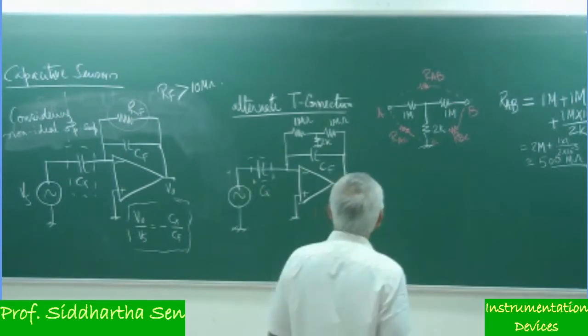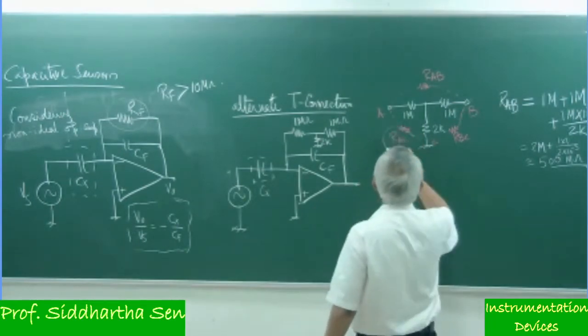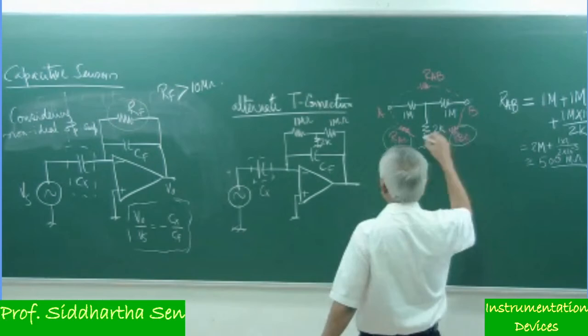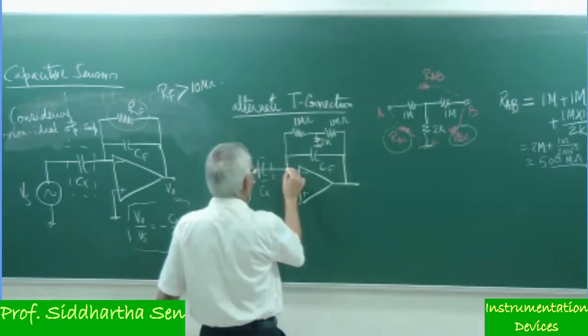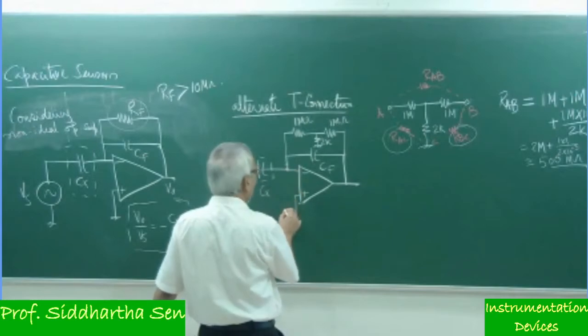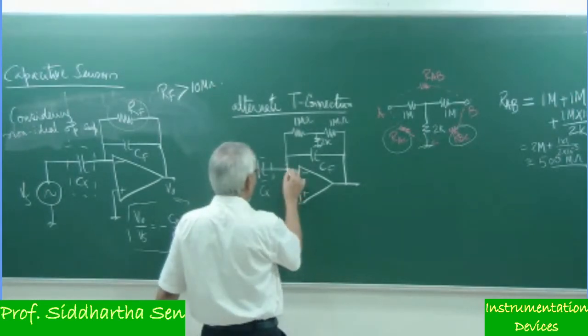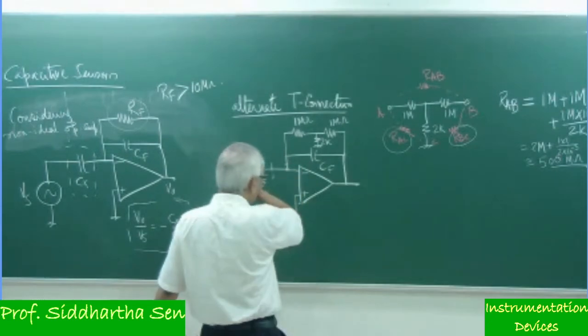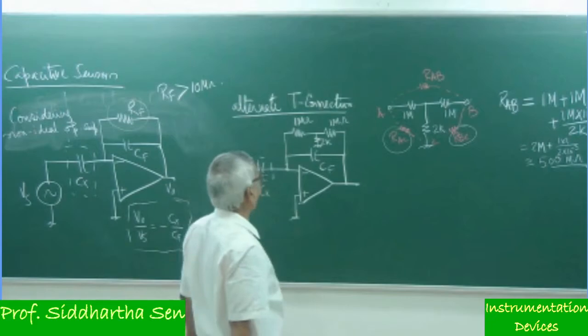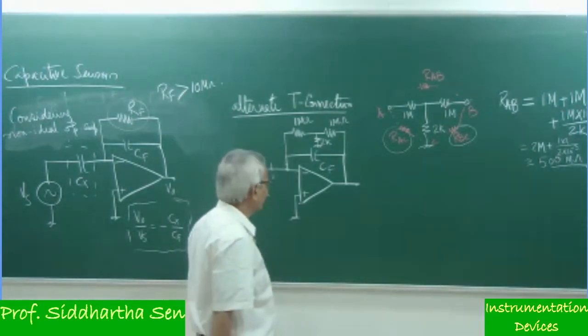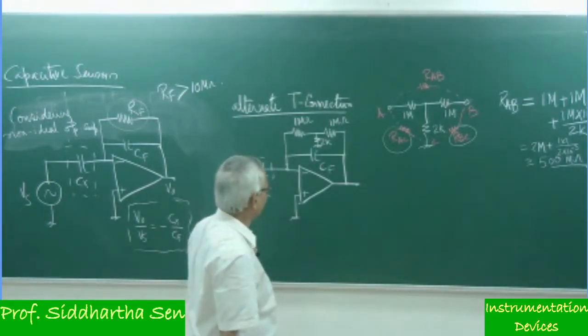You may be arguing that, okay, what will happen to RAC and RBC? They don't affect, because RAC is coming parallel to the point from this point to the ground. So that is coming basically parallel to the op amp, and the op amp has got infinite input impedance.